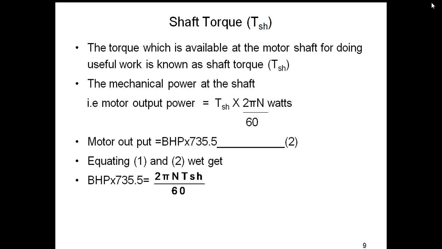Here our aim is to find out the torque available at the shaft. So TSH is equal to bhp into 735.5 into 60 by 2 pi N.